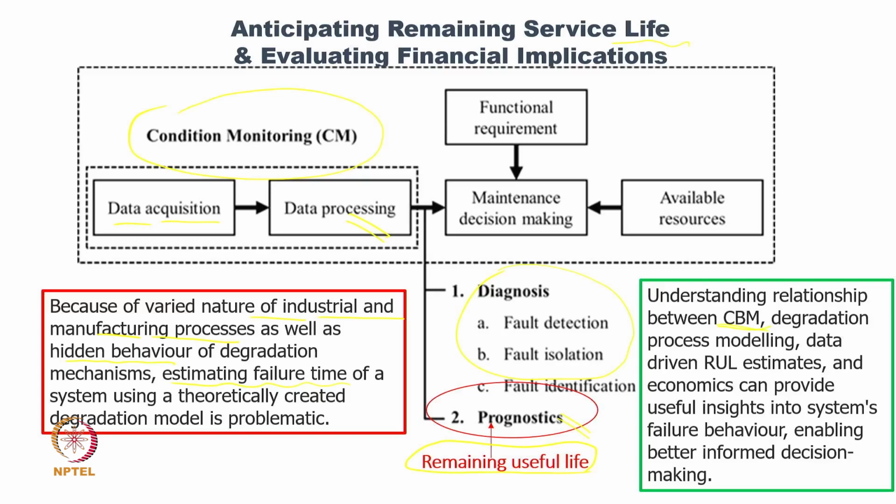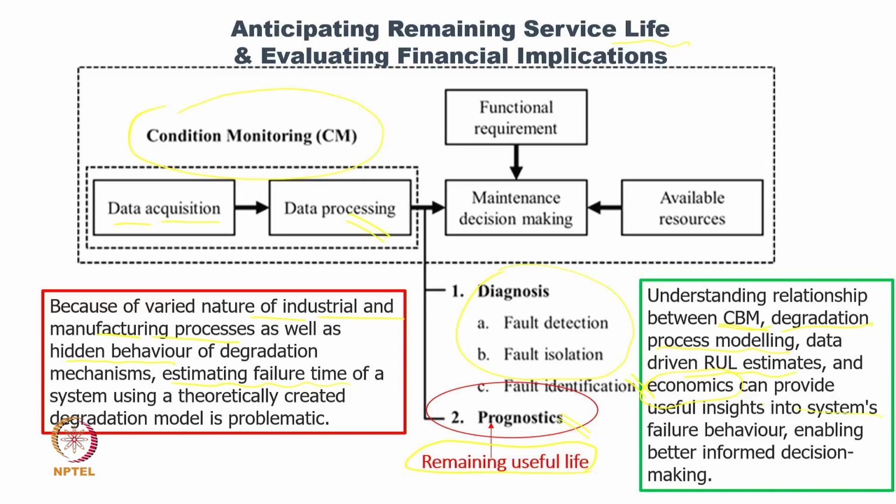Another thing is the relation between condition based monitoring, the degradation process, which we are trying to model one way or another, acquiring data to estimate the residual useful life, and then finally comes economics. In the present lecture we are going to focus only on economics, and whether it is really connected with the other things or not.